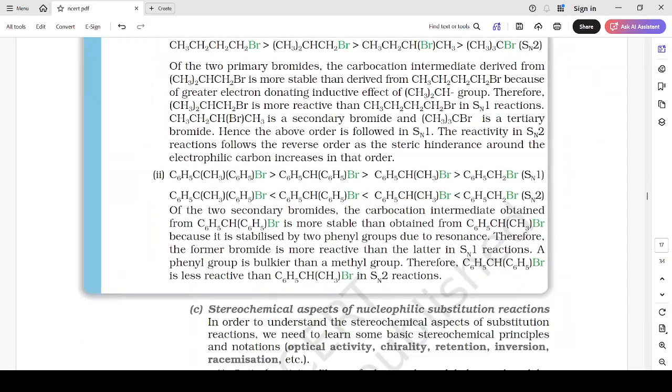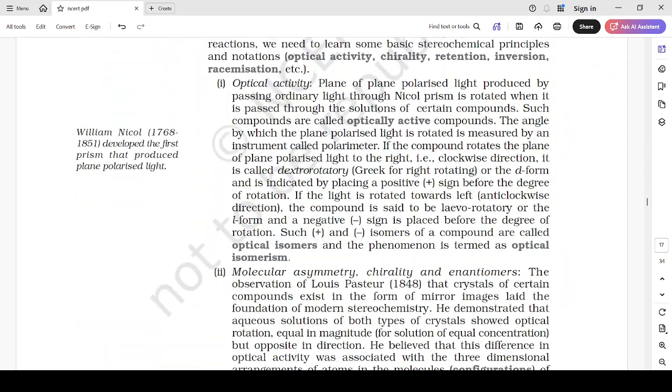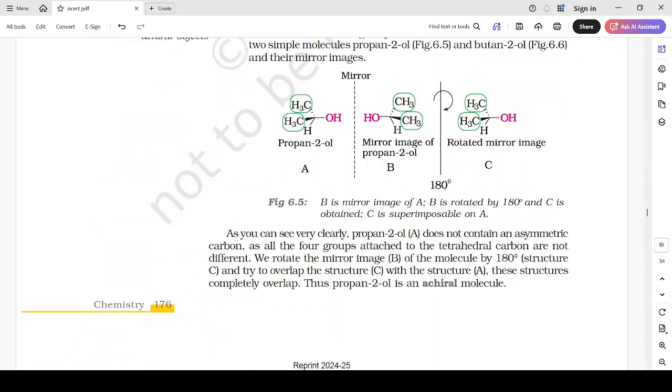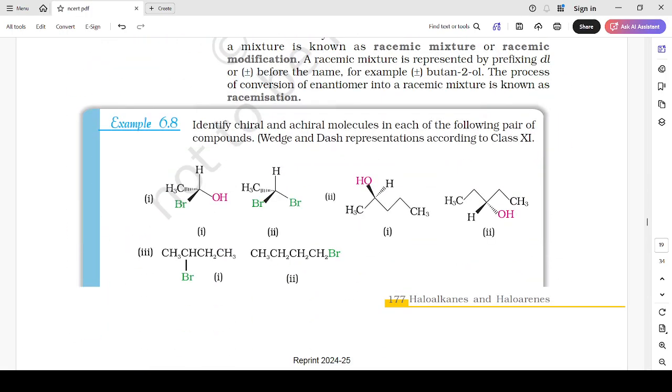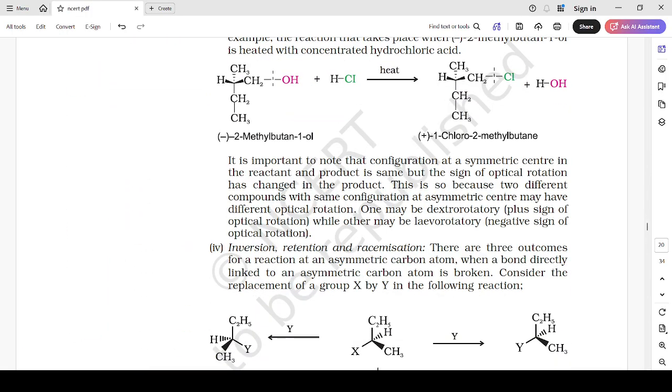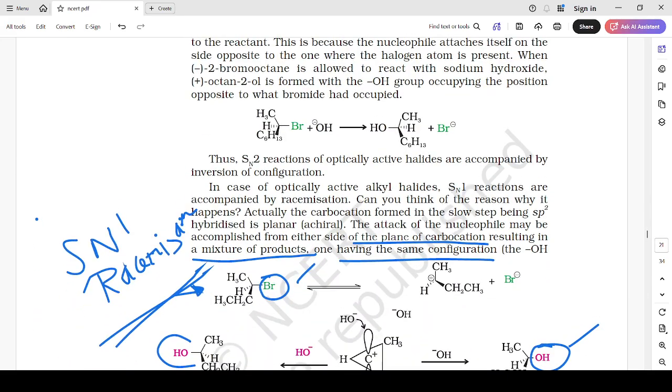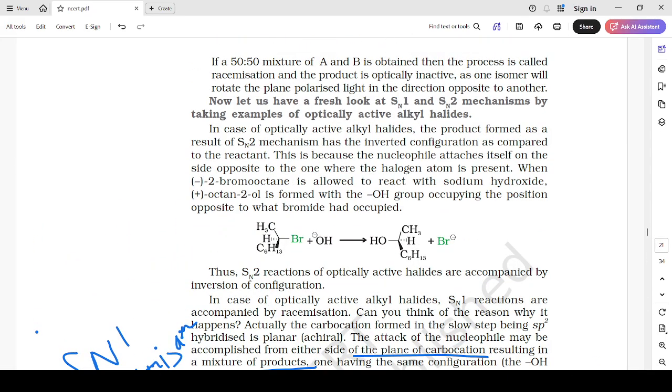Let's go for the stereochemistry of them again. In case of optically active alkyl halides, again I have a carbon which is having 3 different groups attached here.